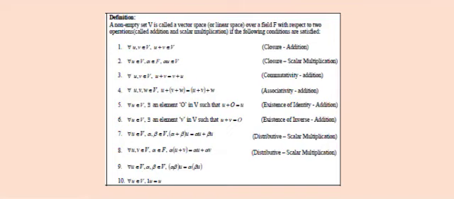The definition is: a non-empty set V is called a vector space over a field F with respect to two operations, addition and scalar multiplication. They may define addition and scalar multiplication problem-wise. In our problem, the addition is the standard addition and the scalar multiplication is the standard scalar multiplication, nothing else.